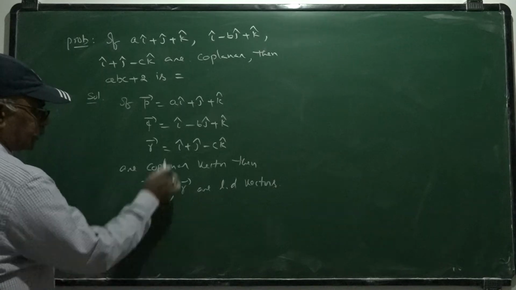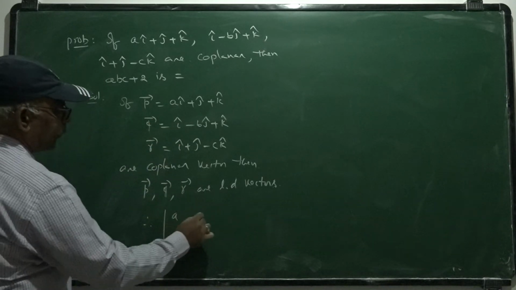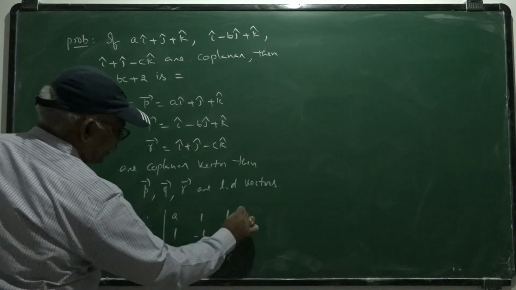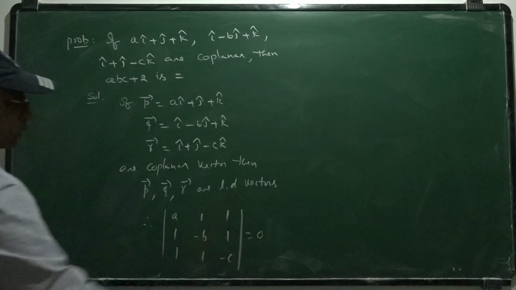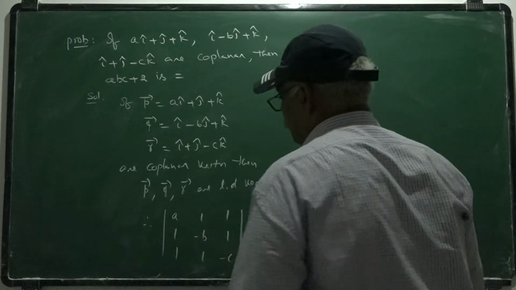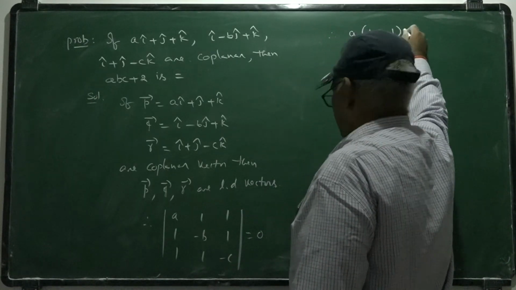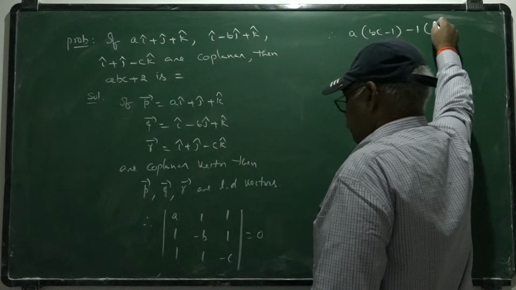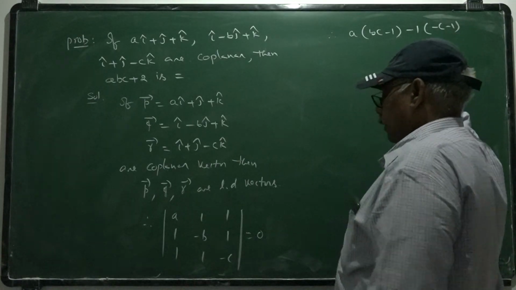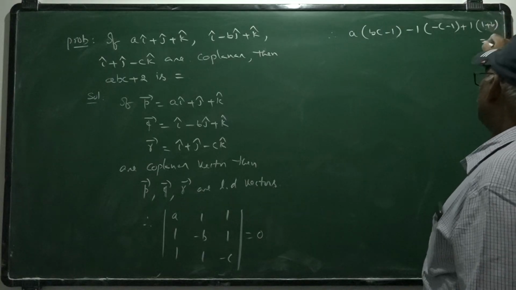Therefore, once these vectors are linearly dependent, the determinant of the coefficient matrix is 0 because they are linearly dependent vectors. Once they are coplanar, the determinant is 0. Hence, A into BC minus 1, minus 1 into minus C minus 1, plus 1 into 1 plus B equal to 0.